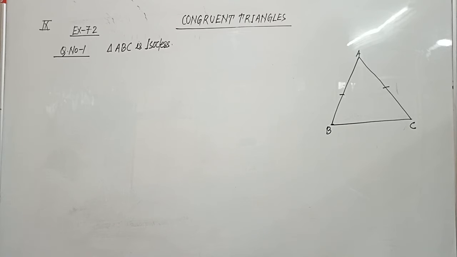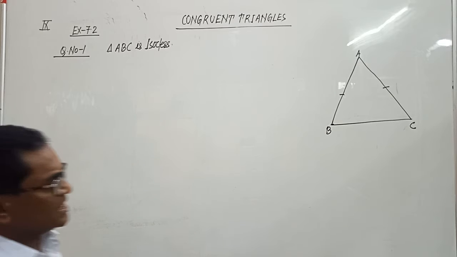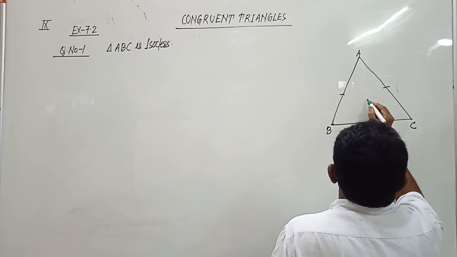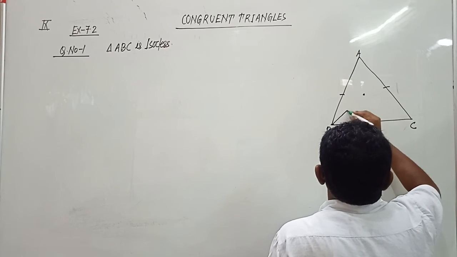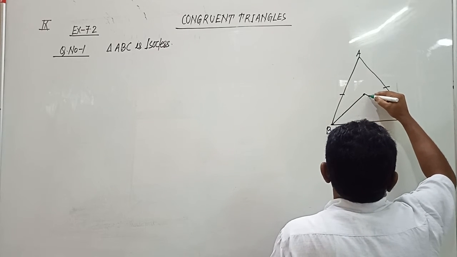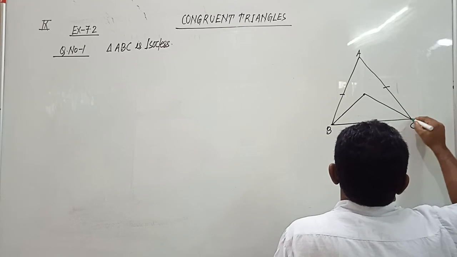The bisectors of angle B and angle C intersect each other at O.